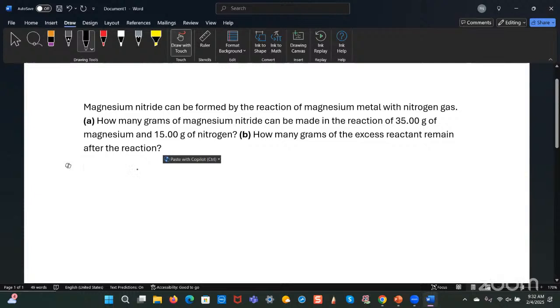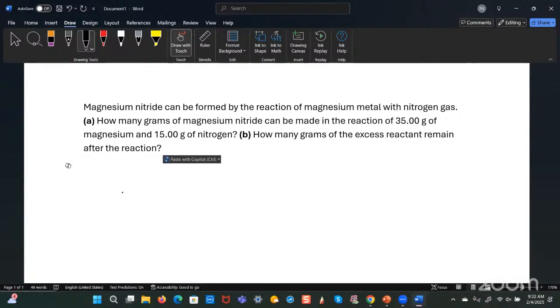All right, so what do you think the first thing you would do in order to solve this problem? Very first thing you need to do before you do anything else. Balanced equation. Right, you have to figure out what the balanced equation is.